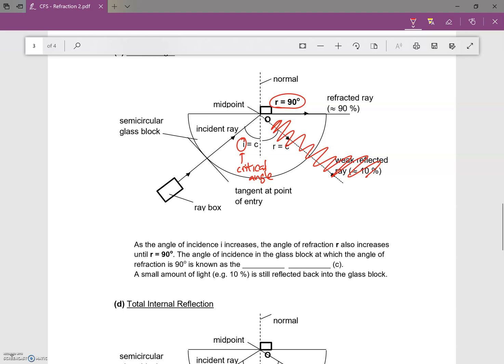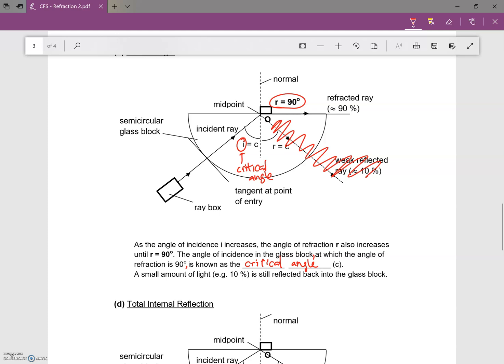Okay, the angle of incidence in the glass block, at which the angle of refraction is 90 degrees, is known as the critical angle. Okay, critical angle. Now, this phenomenon here is still refraction. It's just that it's a little bit special because the angle of refraction is 90 degrees.